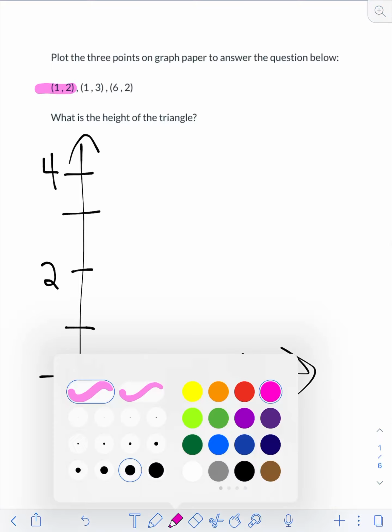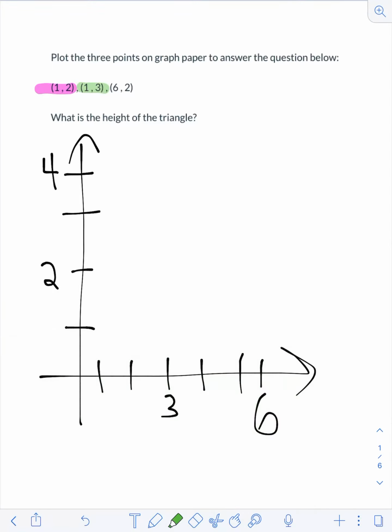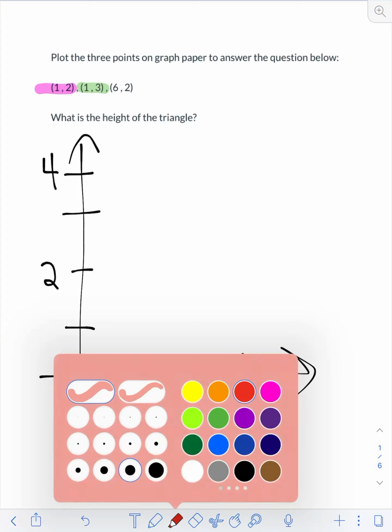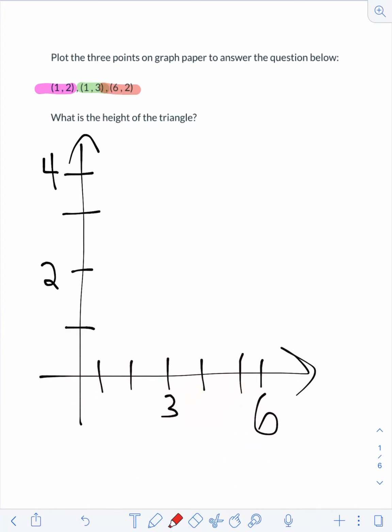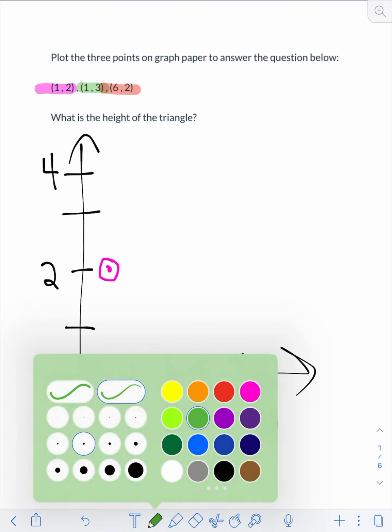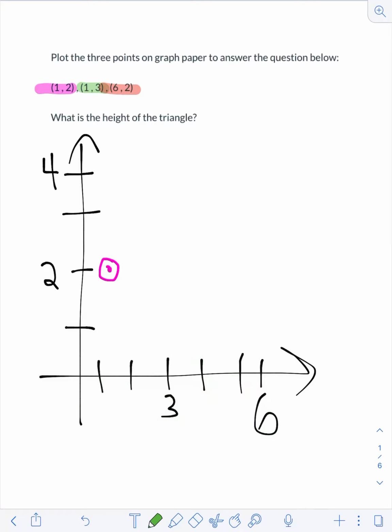We have 1, 2. 1, 3. And 6, 2. 1, 2 is over 1, up 2. 1, 3, over 1, up 3.